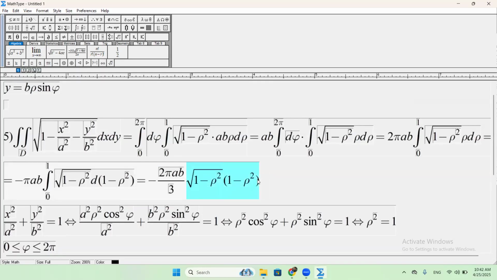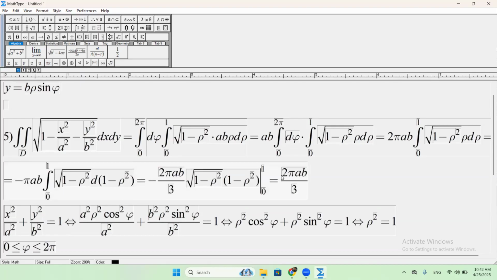So this is our antiderivative, with substitutions from 0 to 1. If I substitute 1, I receive 0. If I substitute 0, I receive minus 1. So the final answer is 2 over 3 pi ab.